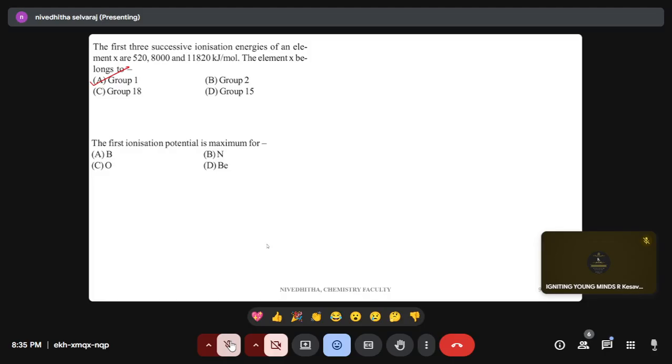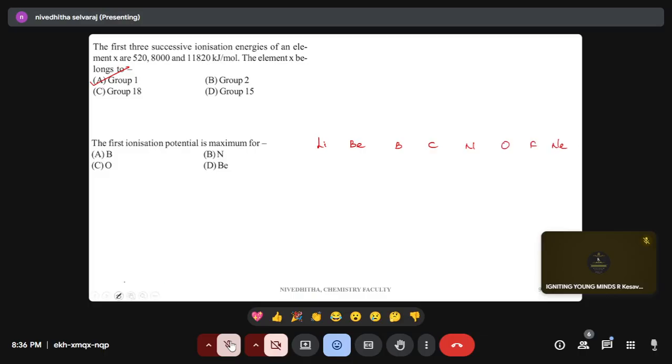One of the factors is half-filled and completely filled configuration, as Senta Mitchell said. See, we have four elements here, which is boron, beryllium, nitrogen, and oxygen, and they are basically the second period elements. So elements are lithium, beryllium, boron, carbon, nitrogen, oxygen, fluorine, neon.